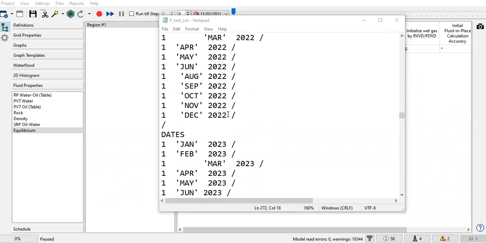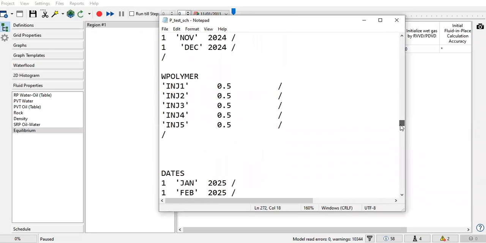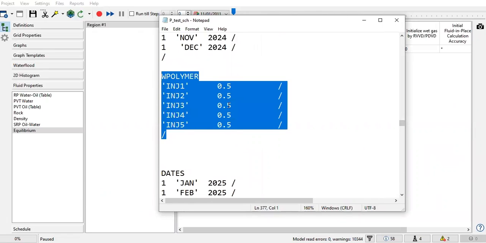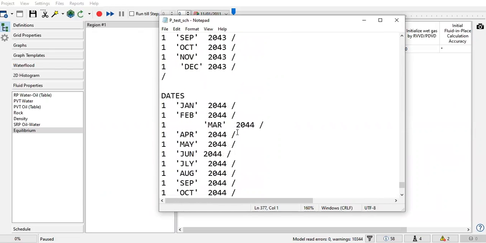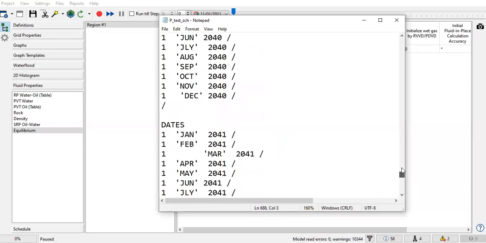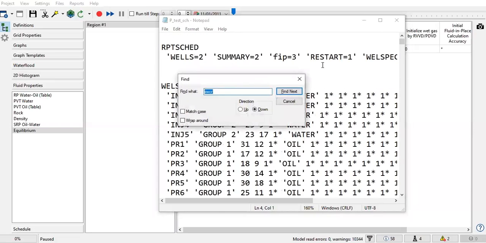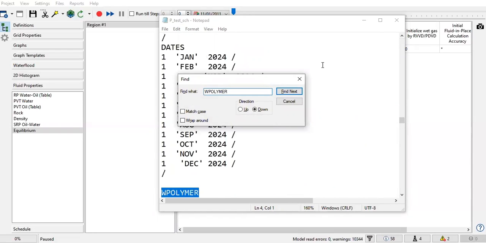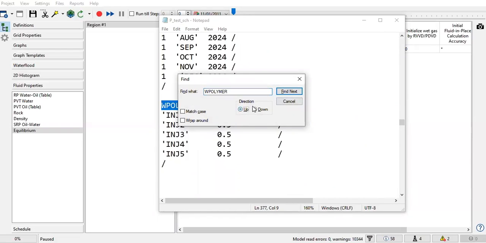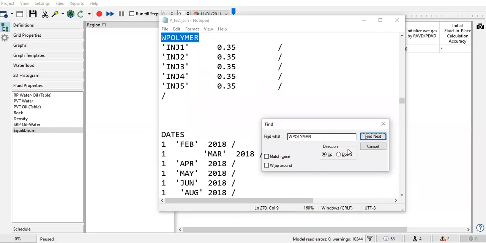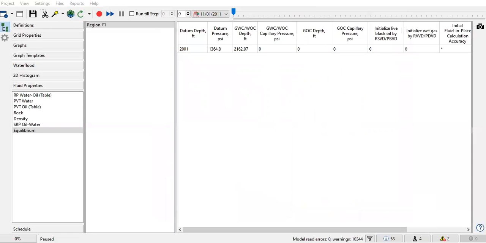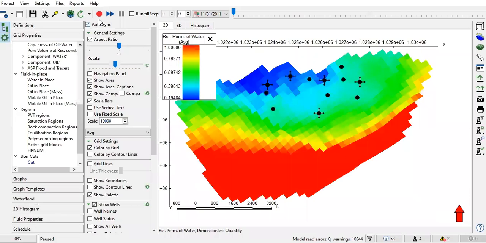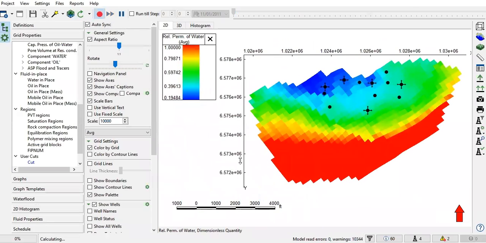And then time steps again. And then we increase the concentration of the polymer and then go down. Let's see, control find WPOLYMER. This one 0.5, the first one 0.3. So only that. Okay, so that's it. And then as usual, let's perform the simulation.